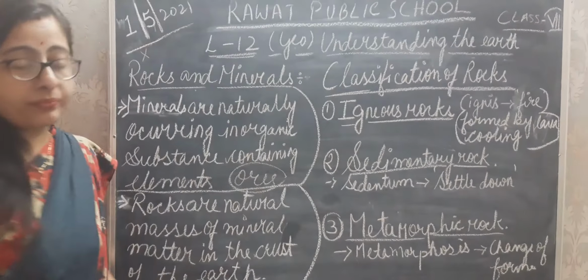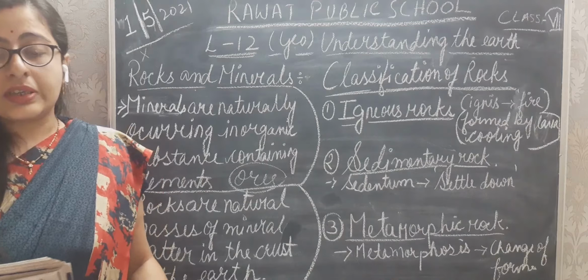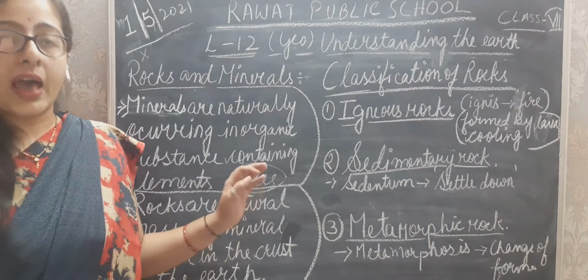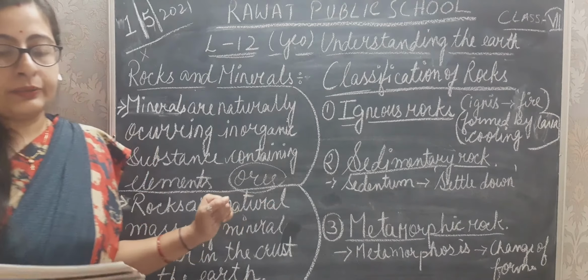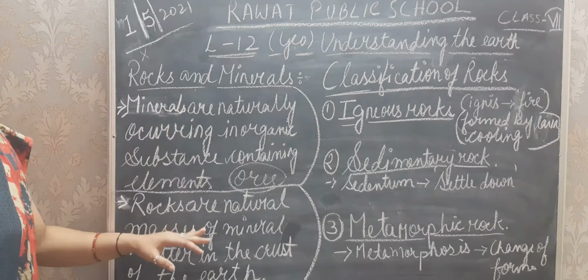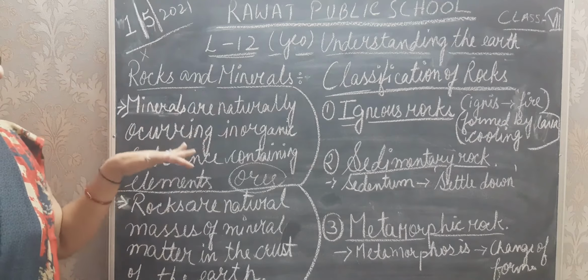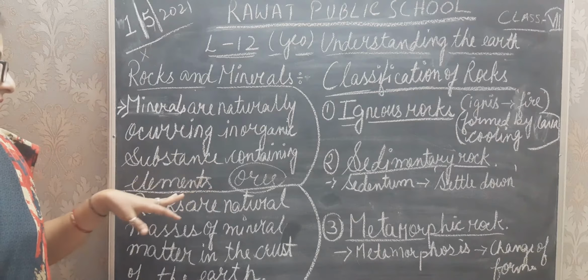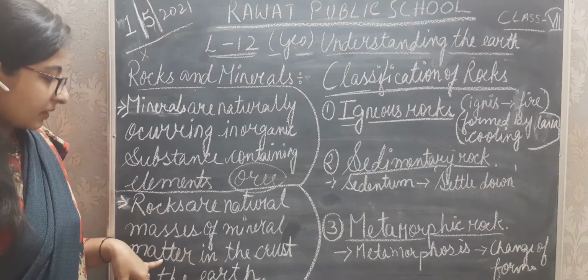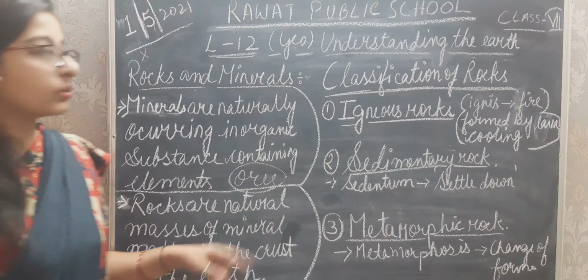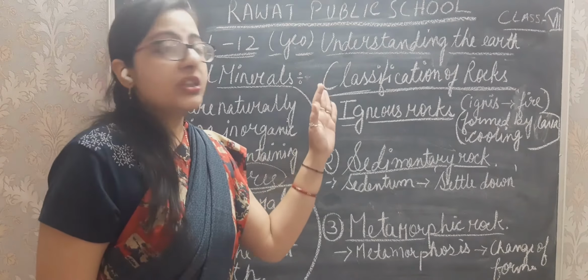For instance, bauxite is an ore of aluminium, and hematite is an ore of iron. Clear? So minerals are naturally occurring inorganic substances containing elements, and rocks are natural masses of mineral matter in the crust of the earth. Let's proceed to the next topic.